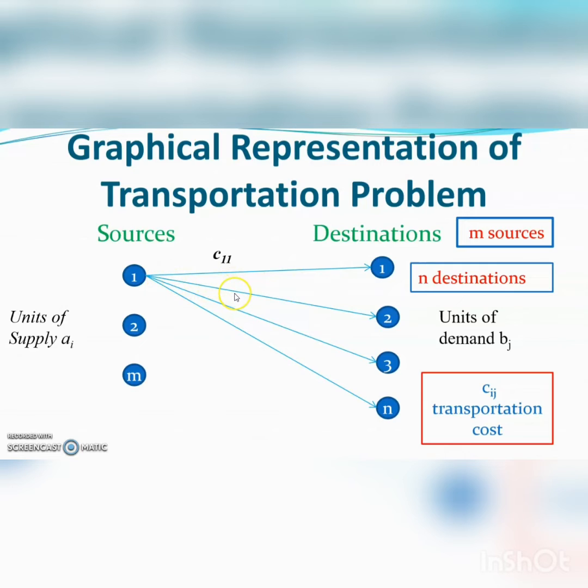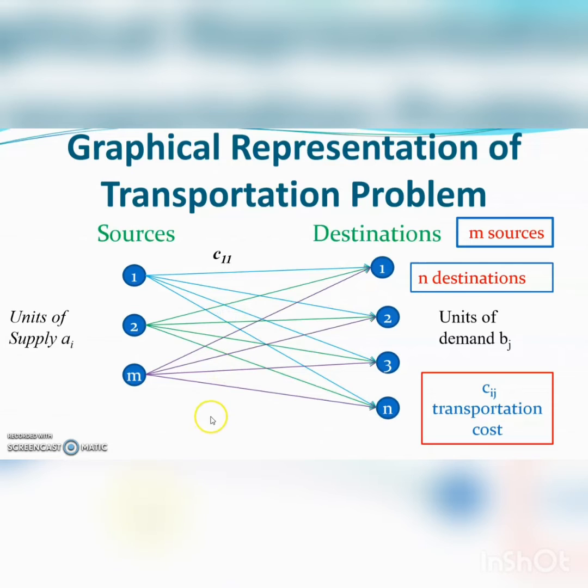Similarly, C12 is the cost of shipping 1 unit of the product from source 1 to the destination 2. In this way, Cmn is the cost for shipping 1 unit of product from mth source to nth destination.